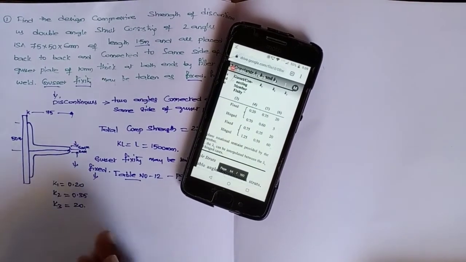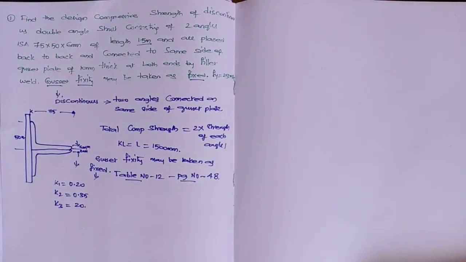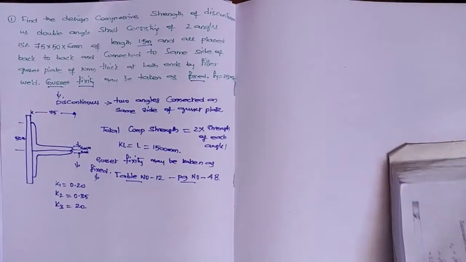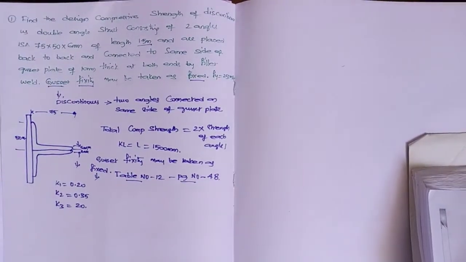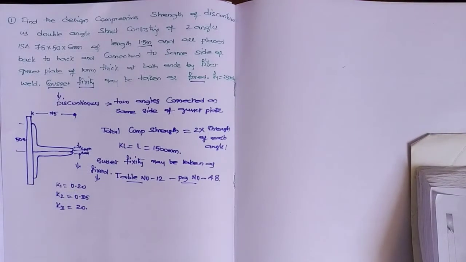Okay, and we all know the formulas pertaining to this, equivalent slenderness ratio. So before going to that one, first we'll try to write the properties.